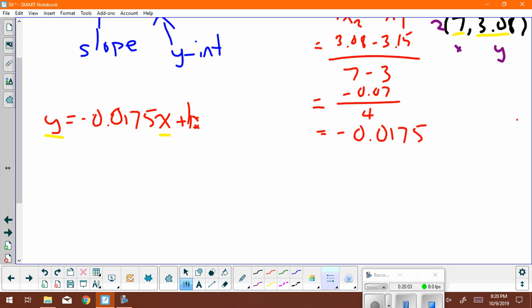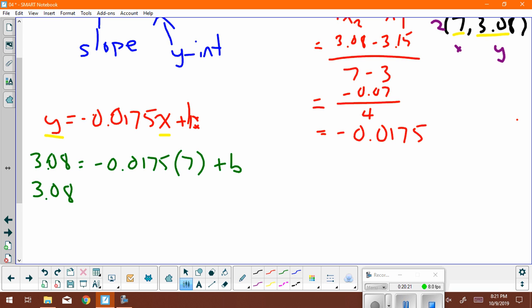So my y here was 3.08 equals negative 0.0175 times 7 plus b. 3.08 equals negative 0.1225 plus b.